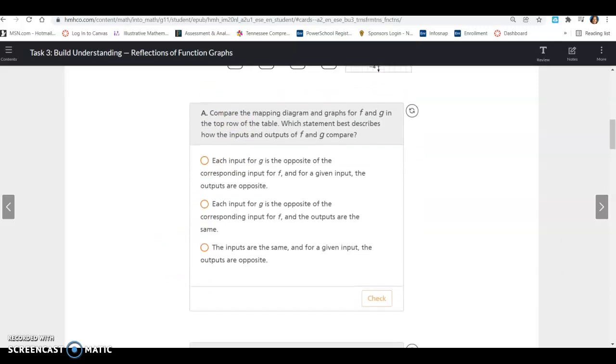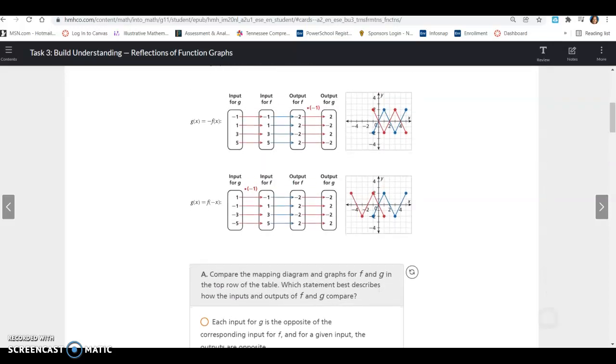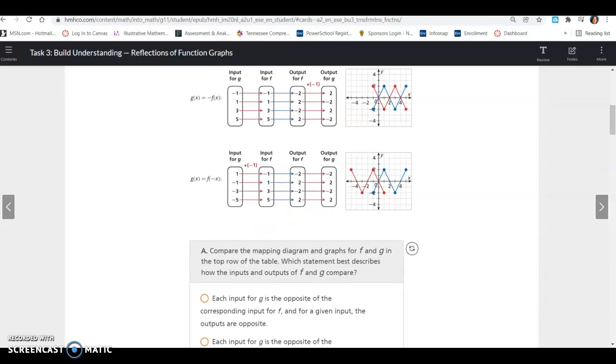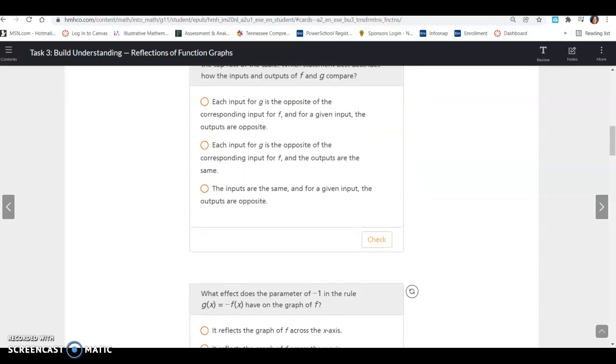Alright, so compare the mapping diagram of the graphs of f and g in the top row. Which statement best describes how the inputs and outputs of f and g compare? So the inputs are the same, and g is opposite f.